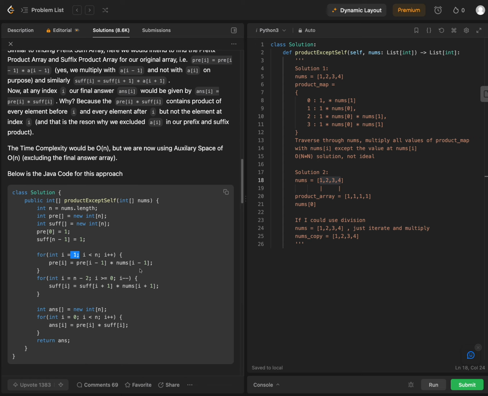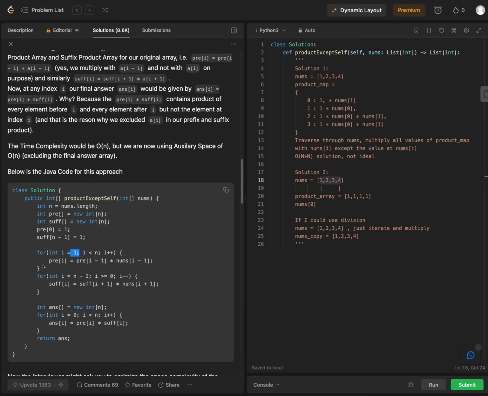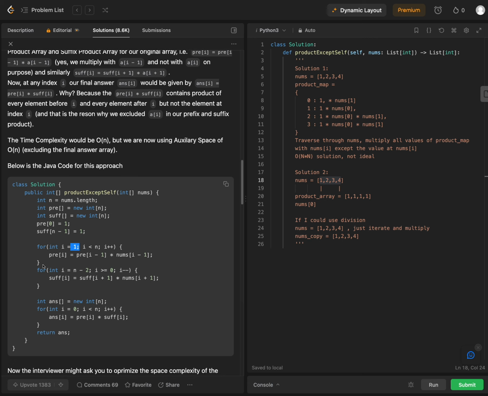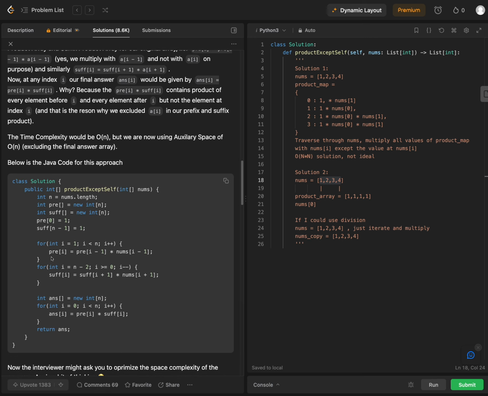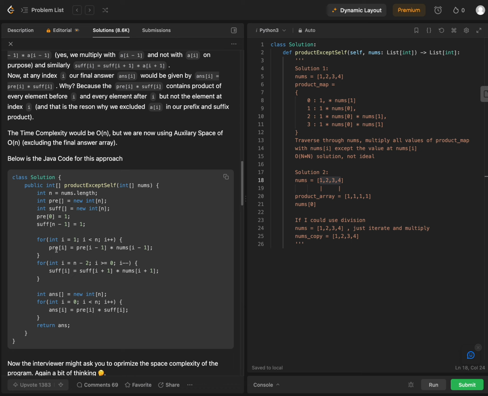Essentially you form an array of prefixes and suffixes. Then you have the prefix array that goes by here, and it multiplies everything before it. You start with prefix 1 and suffix.